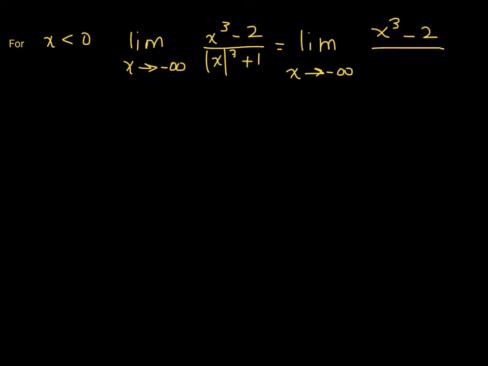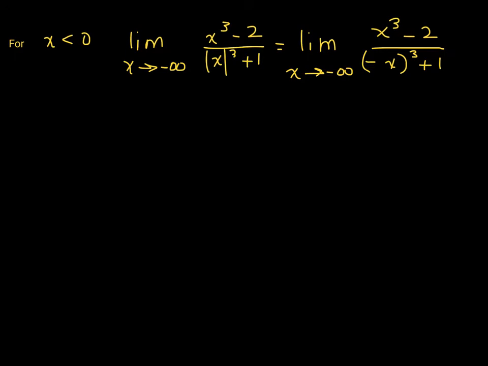And if you want to get rid of the absolute value bars here, the absolute value of x, remember x in this case is negative, the absolute value of a negative value is something positive. So then this can be rewritten as negative x cubed, and then plus 1, of course. Remember that x is negative, so negative of a negative is a positive. So this is definitely positive, as is the absolute value of x. So these are equivalent expressions.